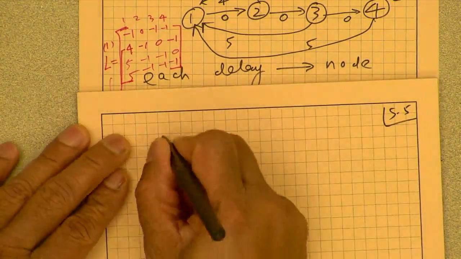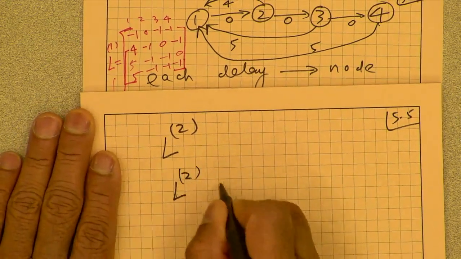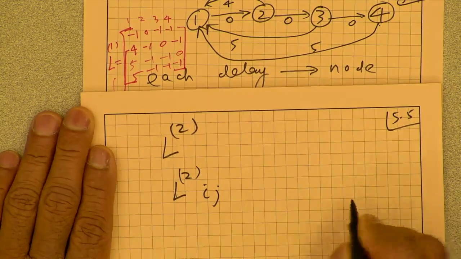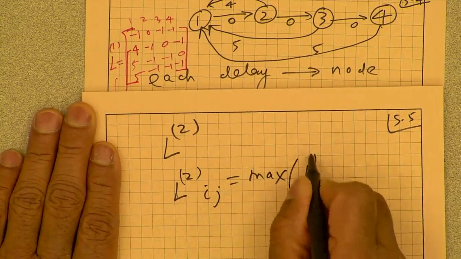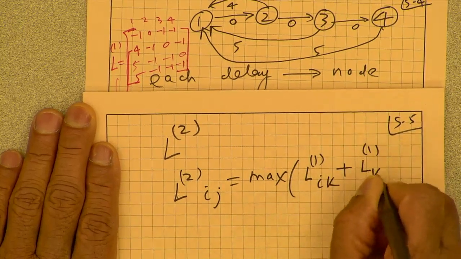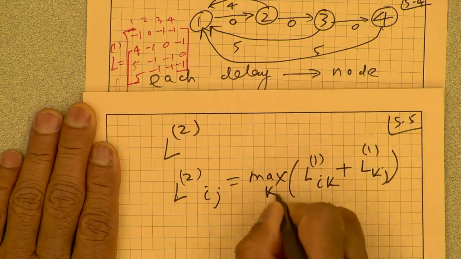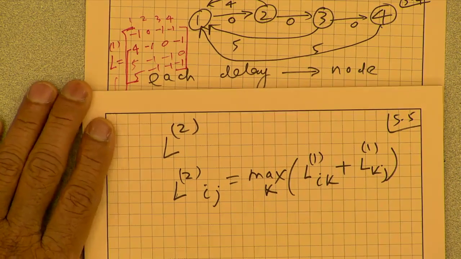To compute L2, entry ij should be the max of L1 ik plus L1 kj, max over all k. So that's essentially saying, let me give you an example.